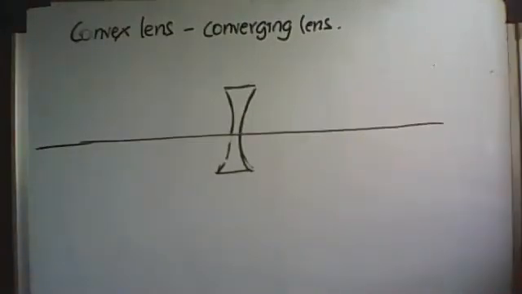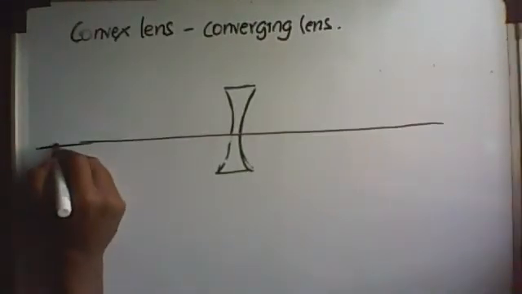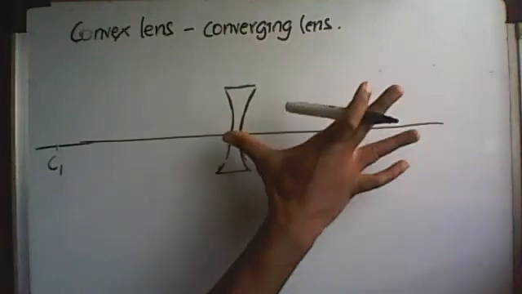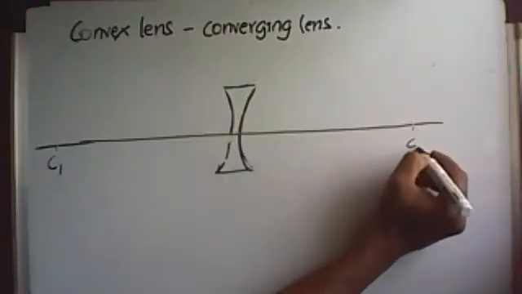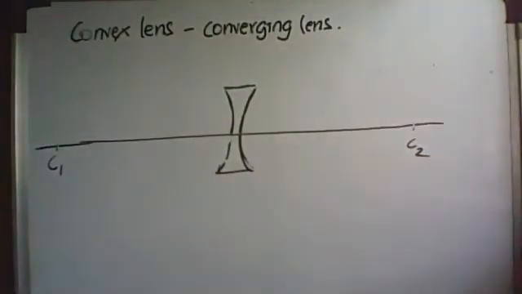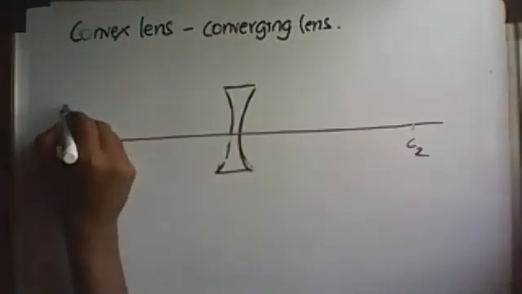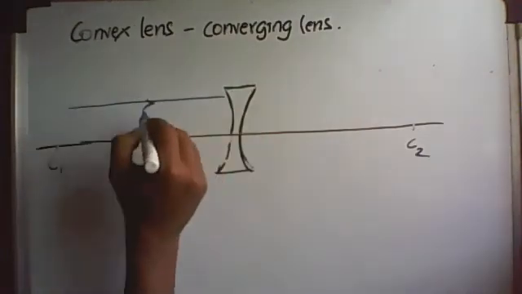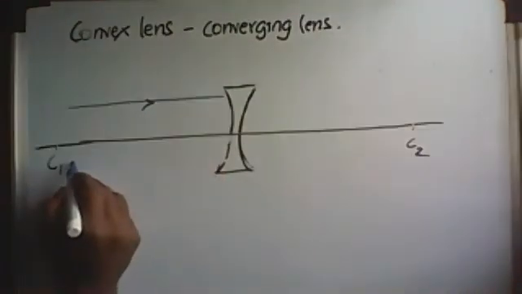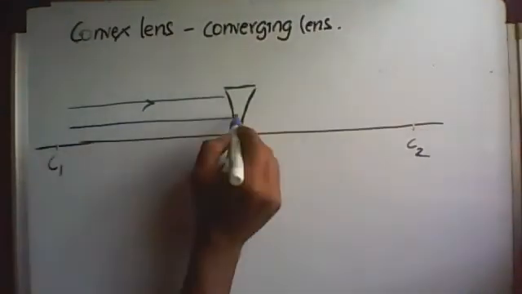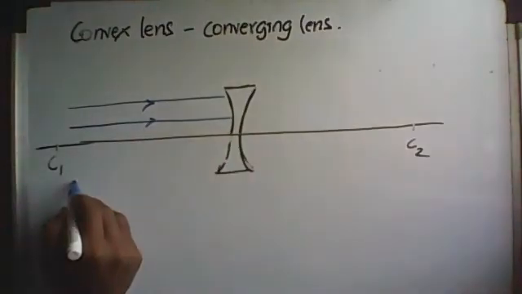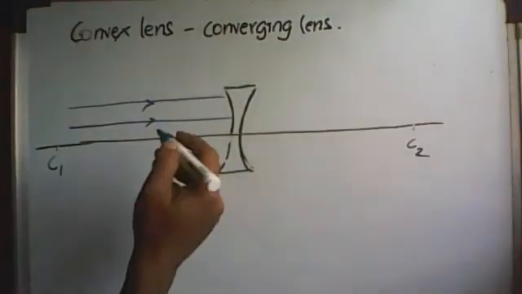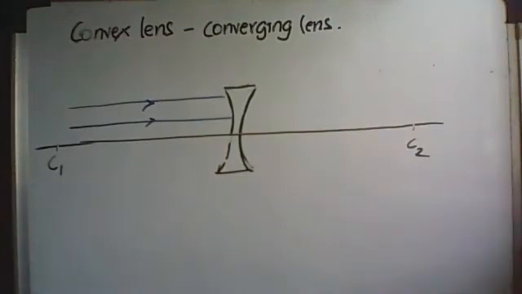So you start off with rays that are parallel to the principal axis and incident on the lens at different points. So you can take one like that and one like this, and although you can do the same thing at the bottom, I won't do it for the time being.